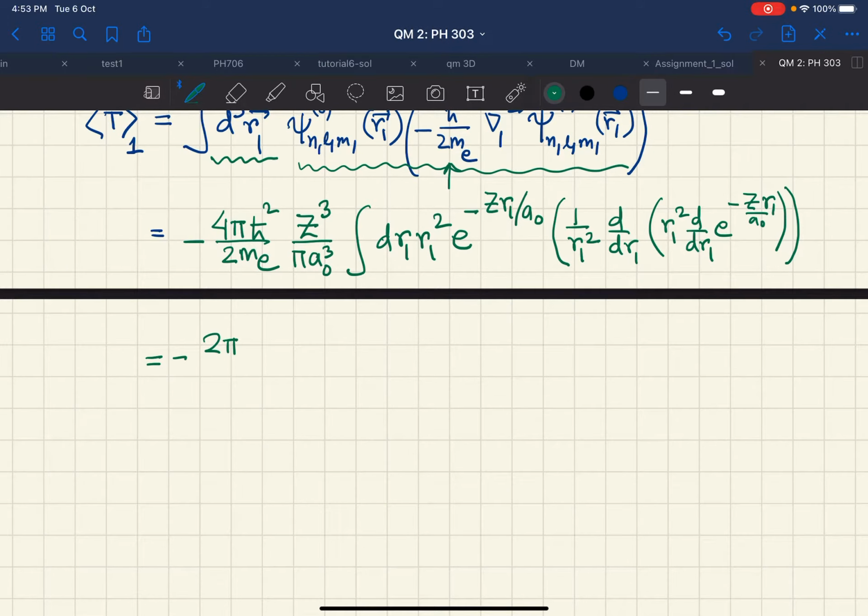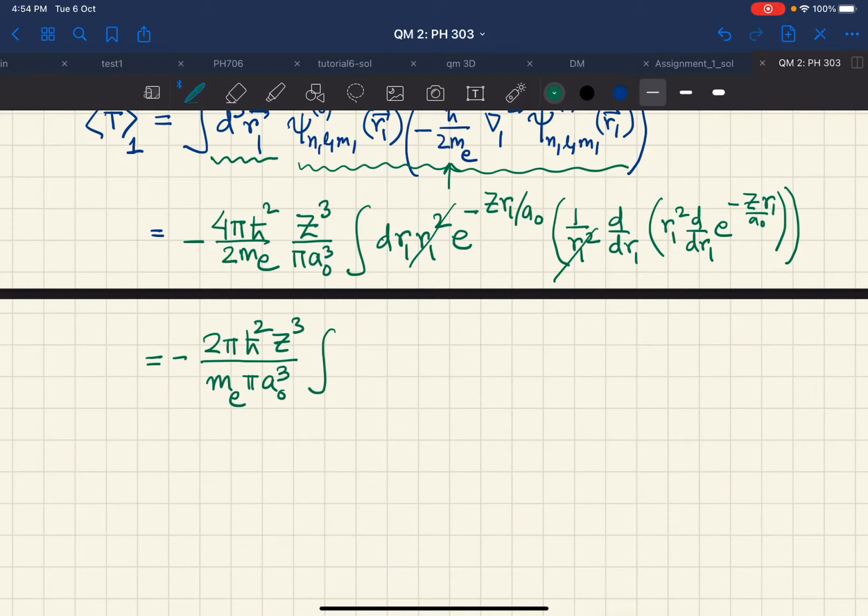I have to be very careful about all these factors now because they are very much important to obtain the final result, and this 2 gets cancelled and we have mass of the electron times pi into a0 cubed. Now r1 squared will get cancelled by this 1 by r1 squared.